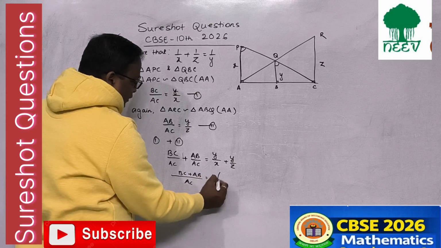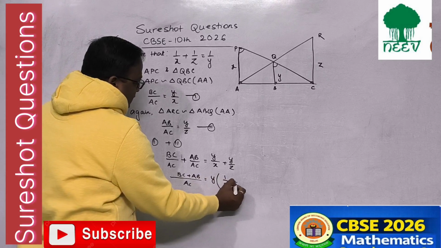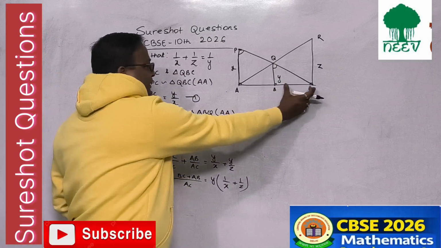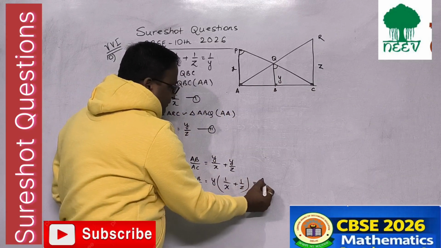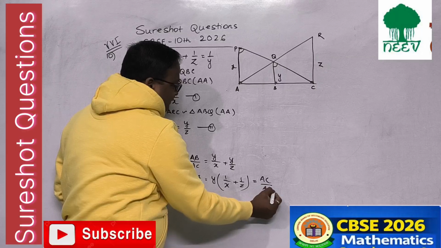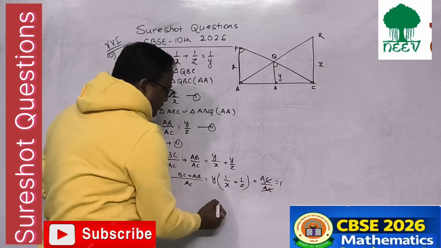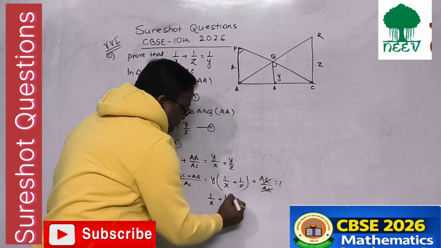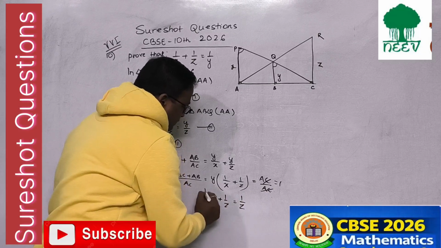What we'll do is take y common, giving 1 by x plus 1 by z. Now, BC plus AB is AC, and the denominator we already have is AC. So this will become 1 by x plus 1 by z, and this y will go to that side.